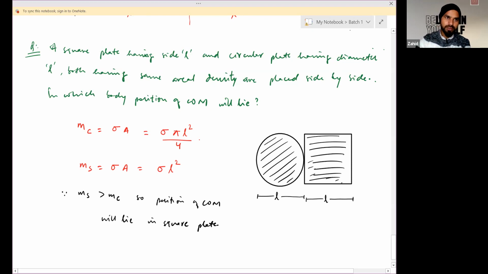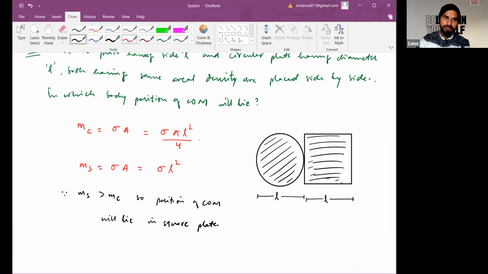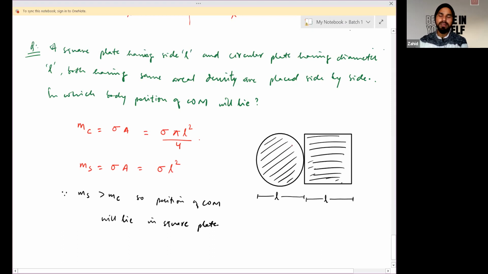If you draw the x-axis and y-axis on this diagram, someone may say take the center of the square plate to be the origin and draw axes from there. Or someone else will say take this particular point to be the origin and draw axes along this. It will depend upon your choice.